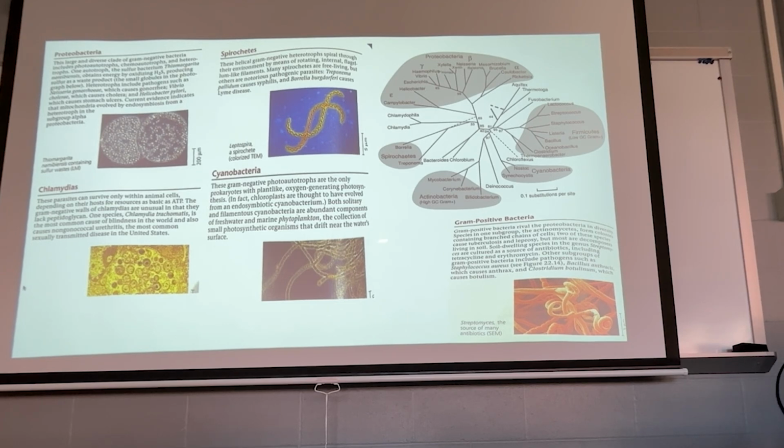Staph infections, if they go crazy, can be pretty detrimental to you. So again, because of antibiotics, we can treat staph infections. Anthrax is in this group too. Bacillus anthracis affects the lungs.